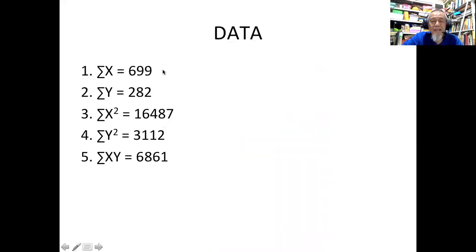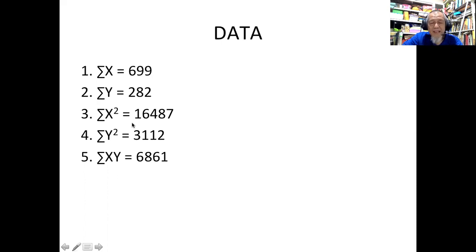Here is the data. The sum of X, the room temperature, is 699, the sum of Y, the defective products, is 282, the sum of X squared is 1648.7, the sum of Y squared is 3112, and the sum of X multiplied by Y is 6861.